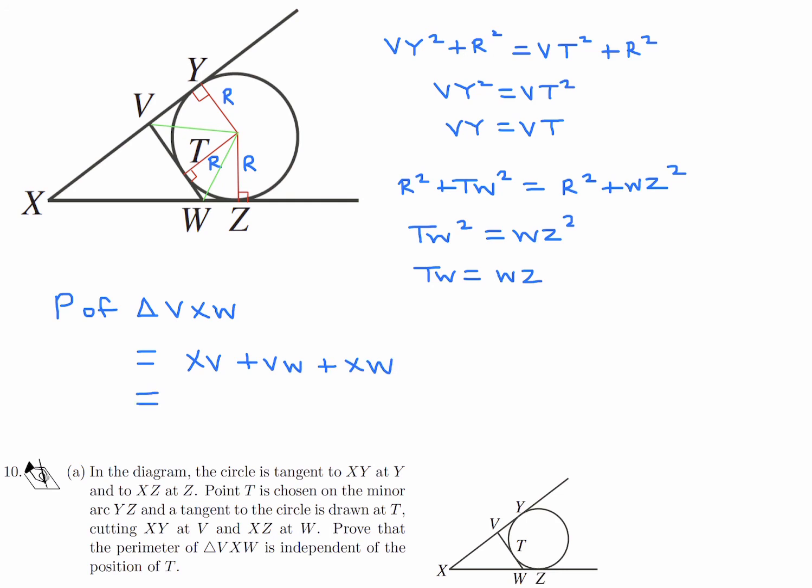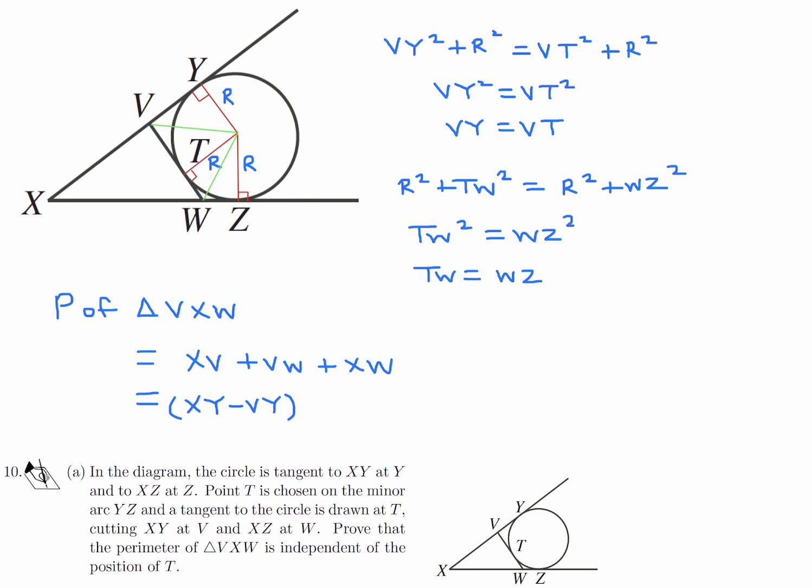Now, XV is what? XV is basically from here to here. But we can write it in terms of XY minus VY, correct? So all this should make sense very soon. Instead of writing XV, I'll write XY minus VY. Similarly, VW is right here.